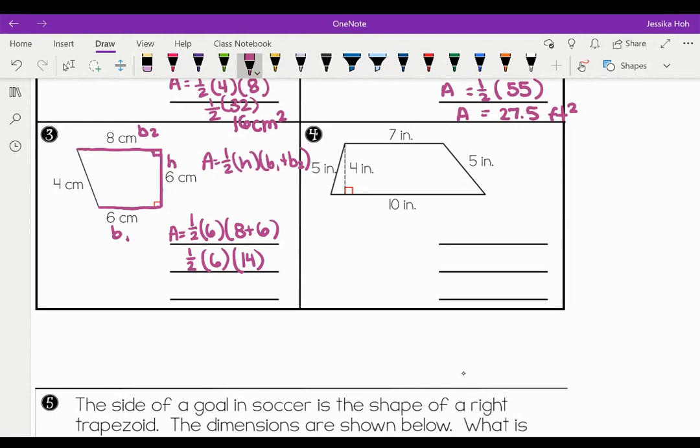So if I wanted to multiply the 6 times the half first, that is okay. So I have 6 divided by 2, gives me 3. Times the 14, it gives me 42 centimeters squared.